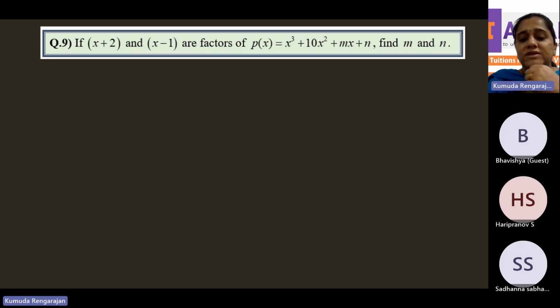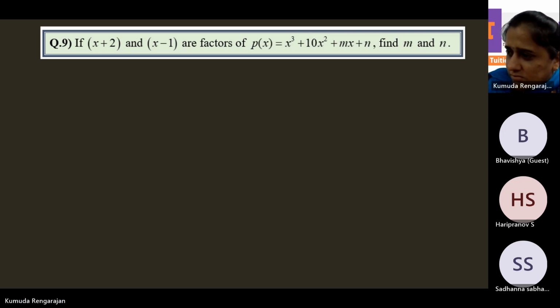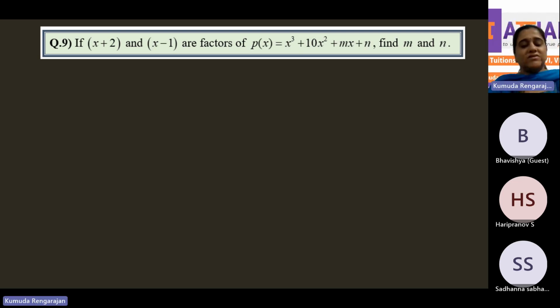Okay, read out the equations then. Miss, P of 1 is equal to 0 and P of -2 is equal to 0. Okay. Once you work that, you will get some equation. What is that? Miss, for P of -2 is equal to 0, it is -m plus n is equal to -16.